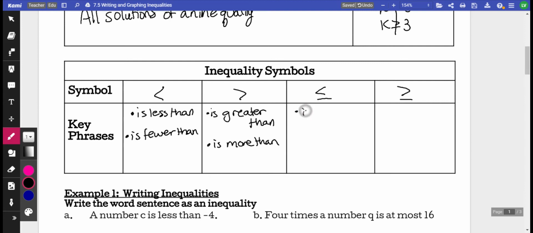The next one is less than or equal to, is at most, is no more than.